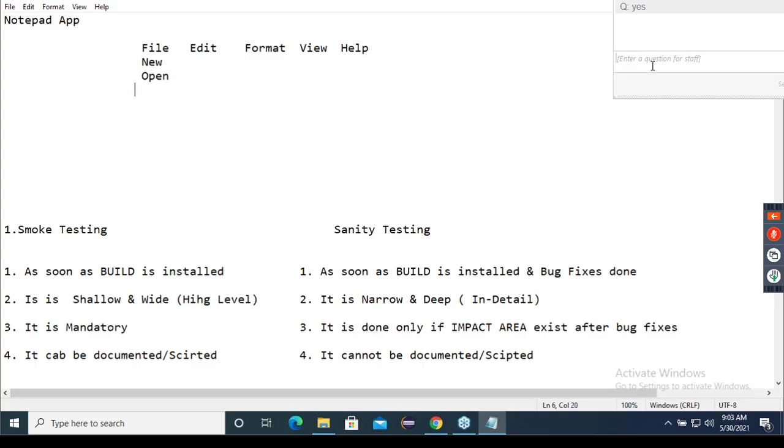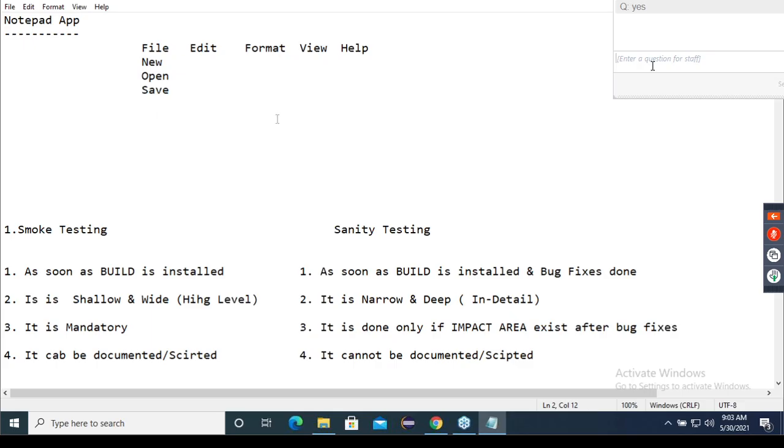Again under this you have save as, like this many modules are there. All these are sub modules, correct? Edit also has some sub modules, format, view, and help also have some sub modules. Now the question is, assume that notepad is given to me for testing.